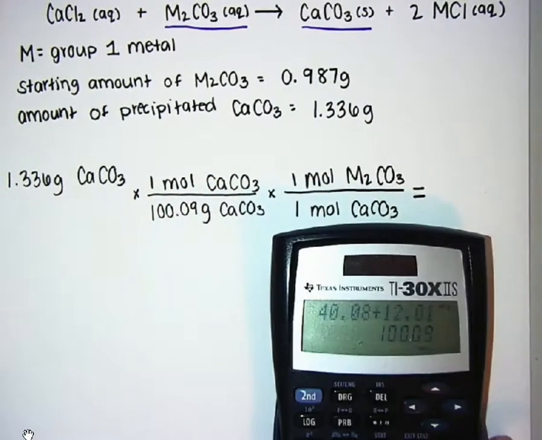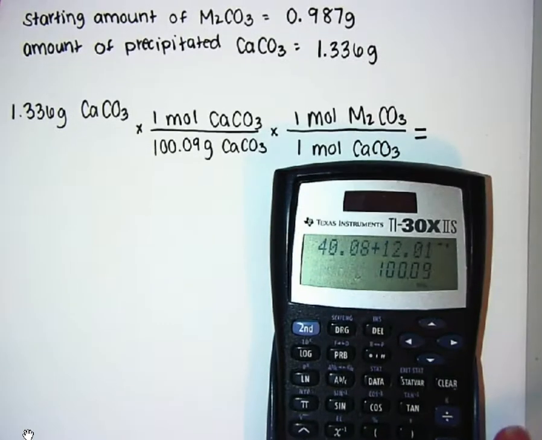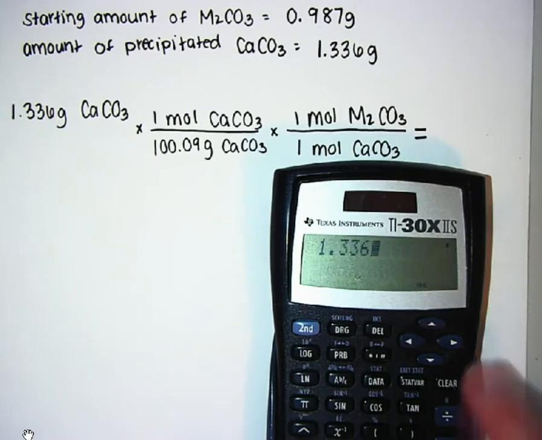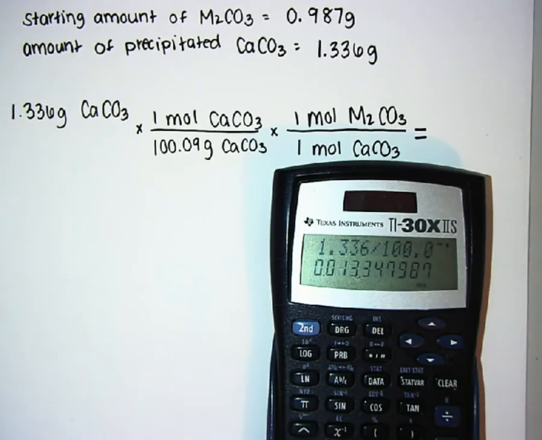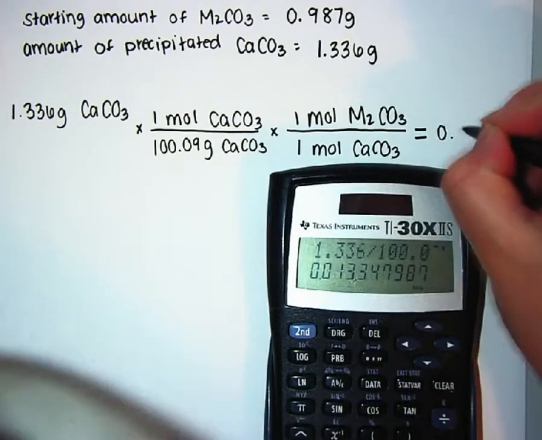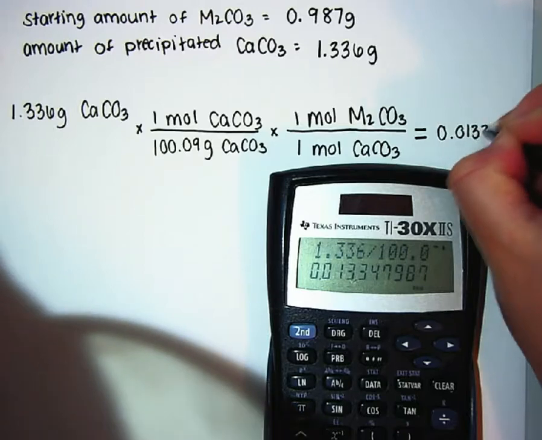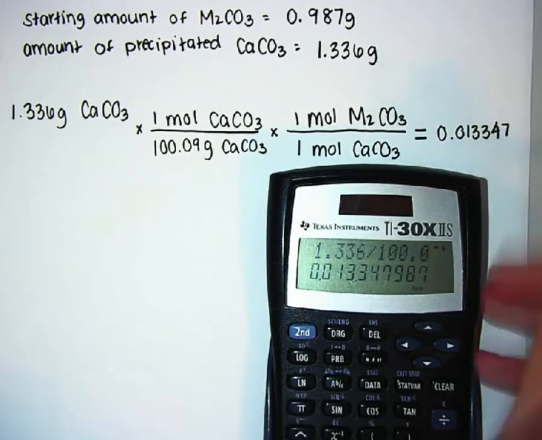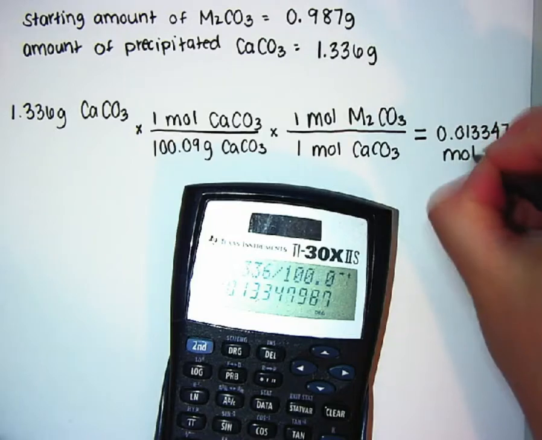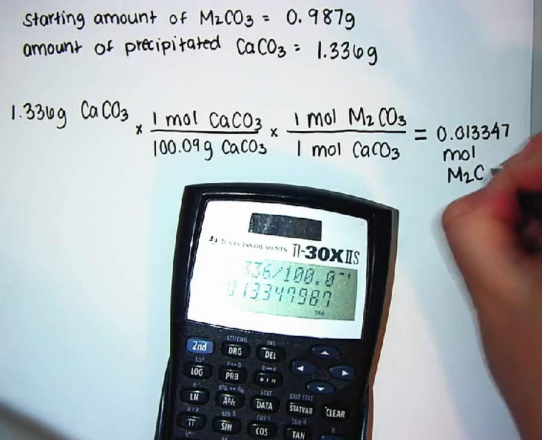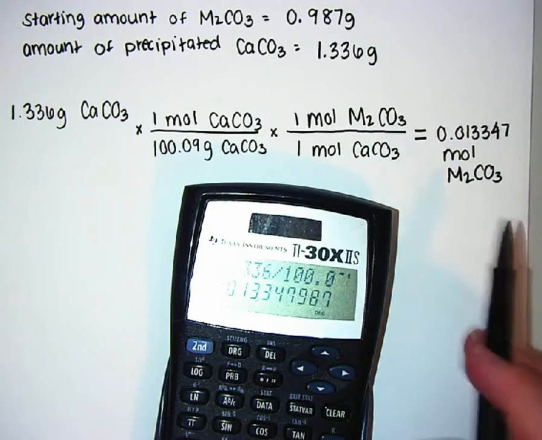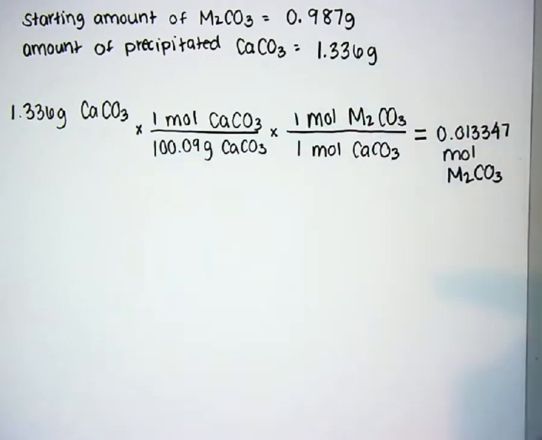So I can plug this into my calculator, multiply everything across the top: 1.336 times 1 times 1 divided by the bottom, 100.09. And that gives me the number of moles. Don't clear your calculator yet because we don't want to round until we get to the final answer.